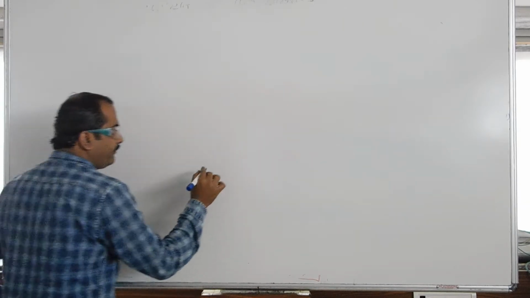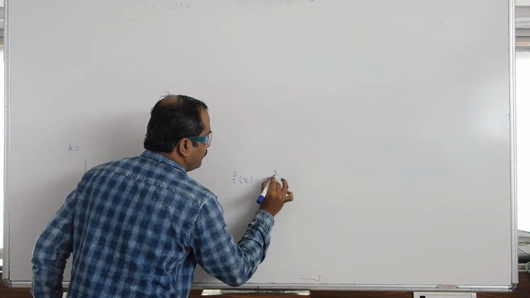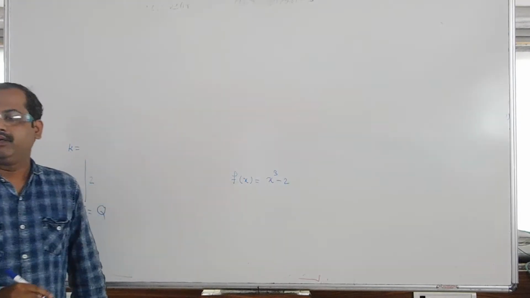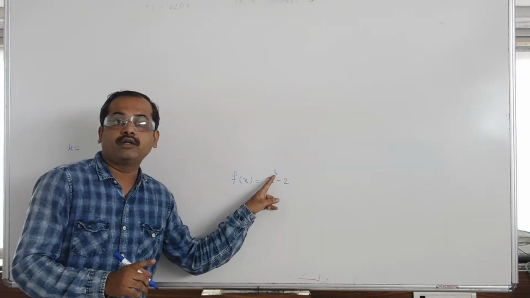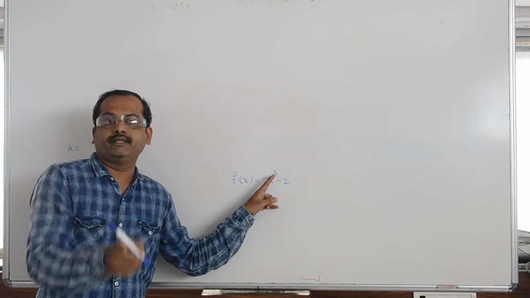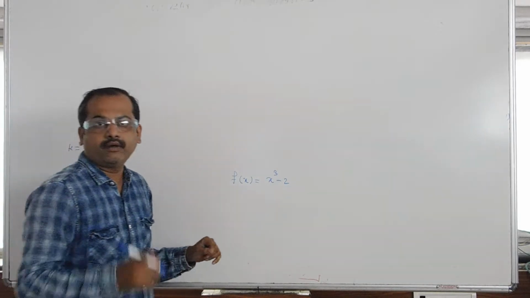Now if you have f of x equal to x cube minus 2. We have the property that if we have a polynomial of odd degree, then it always has one real root.